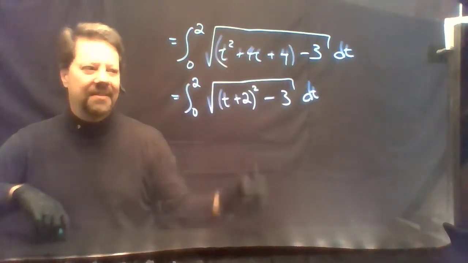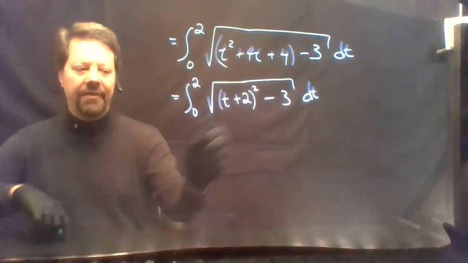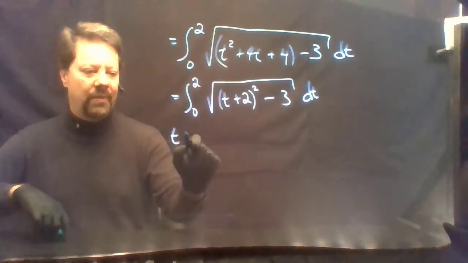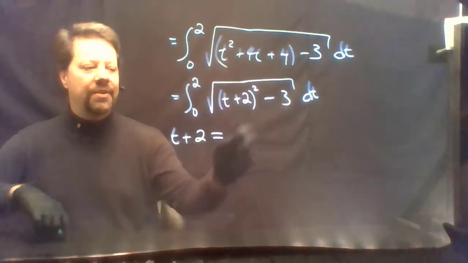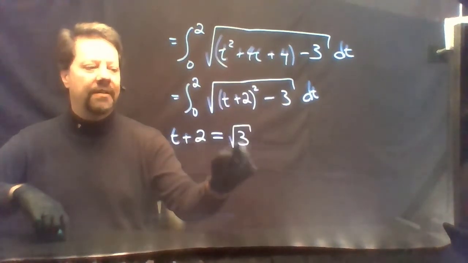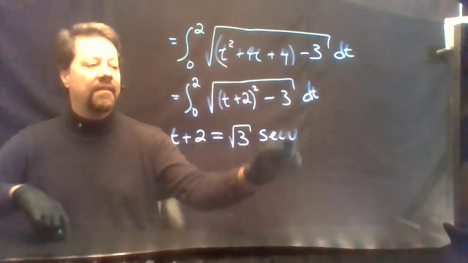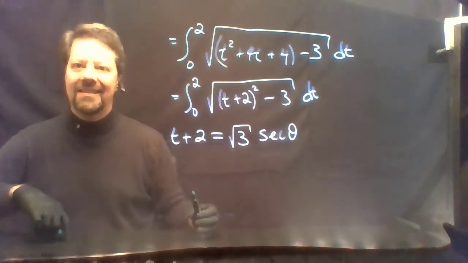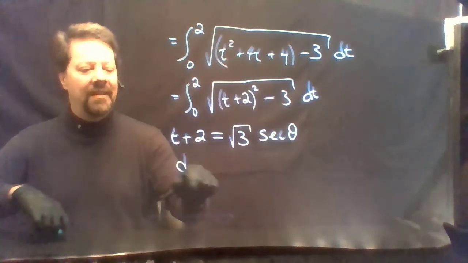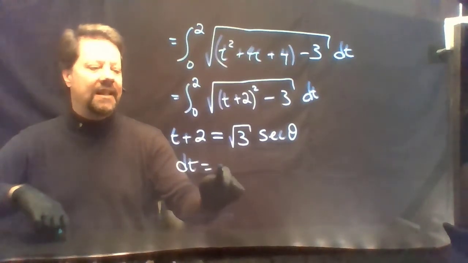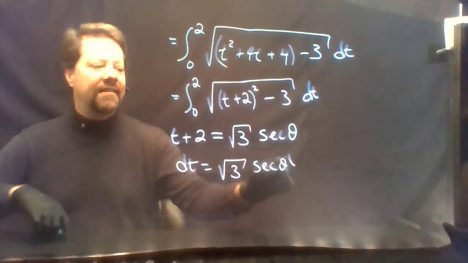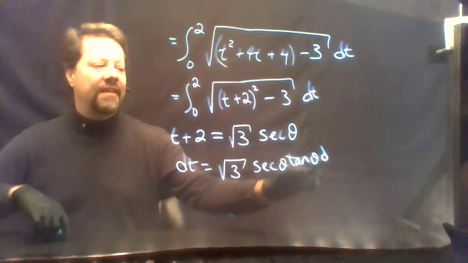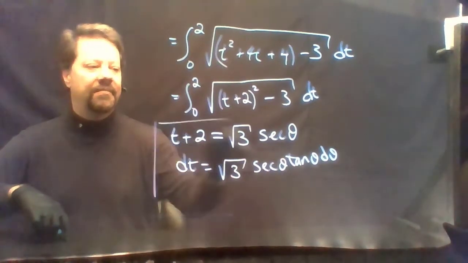Here's how you do this. You take the square root of the variable stuff squared, that gives you t plus 2. You set that equal to the square root of the constant part times the substitution, secant theta in this case. It follows then that dt is the square root of 3 times secant theta tangent theta d theta.